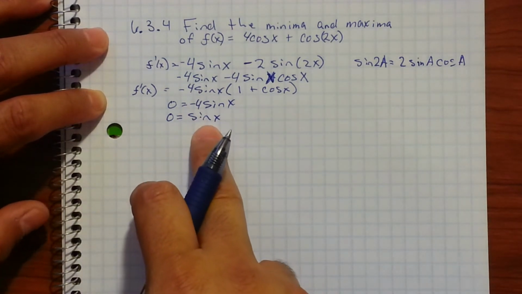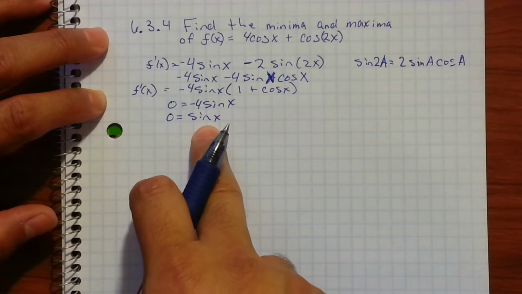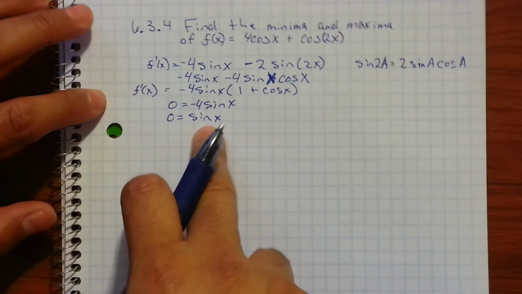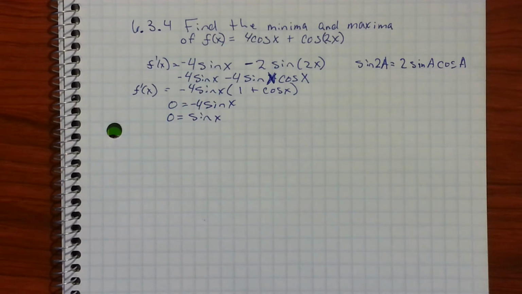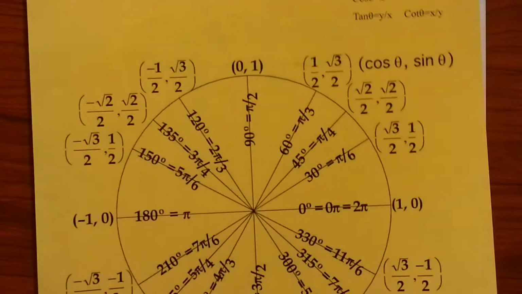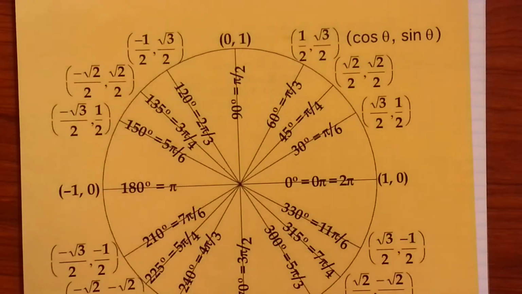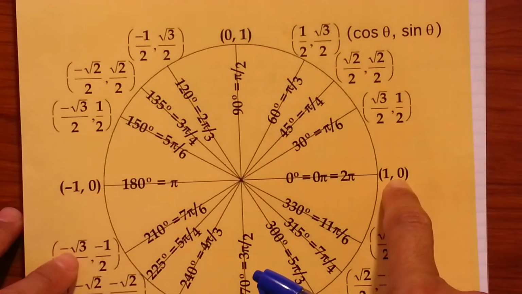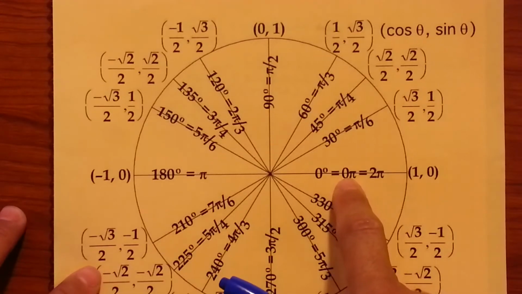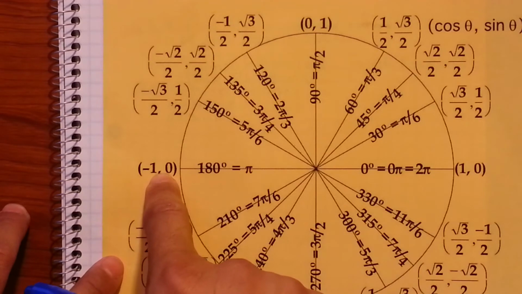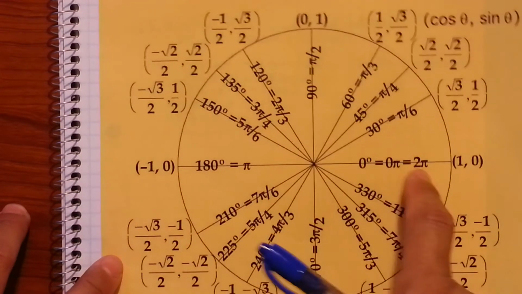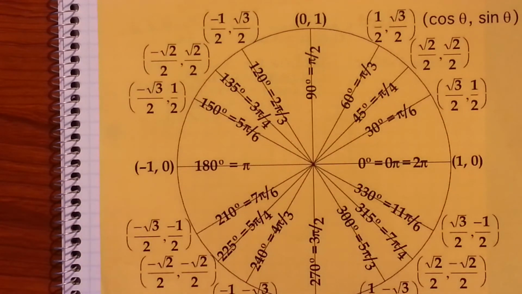Now, on a unit circle, right here, where is sine going to be equal to 0? I brought mine with me. So right here, sine equals 0, it's going to be at 0 right here, and I also have at pi right here. So at 0 and at pi.